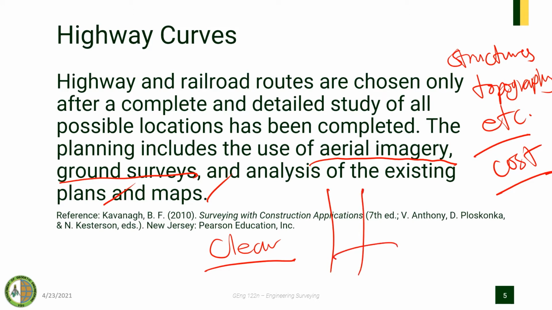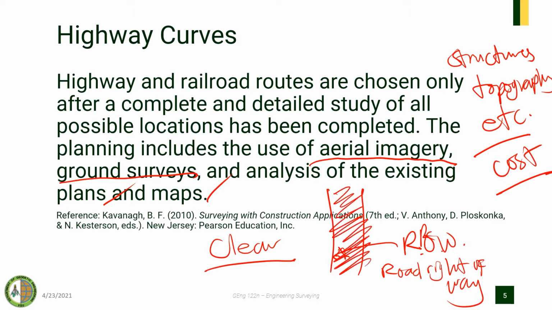We denote this as ROW, or right of way. This area should be cleared so that we can lay out the road, whatever kind of road we are putting in. So we need to clear that route.